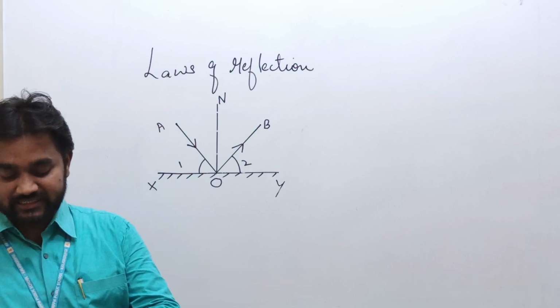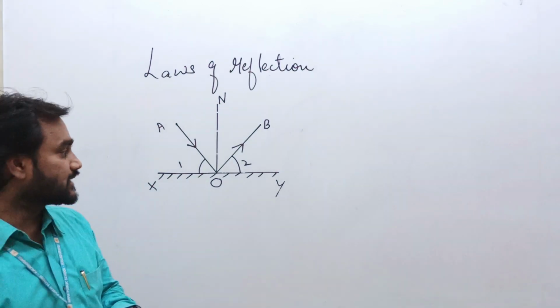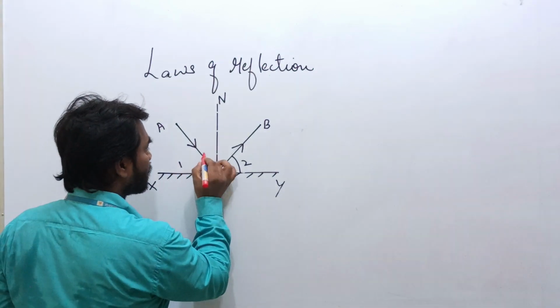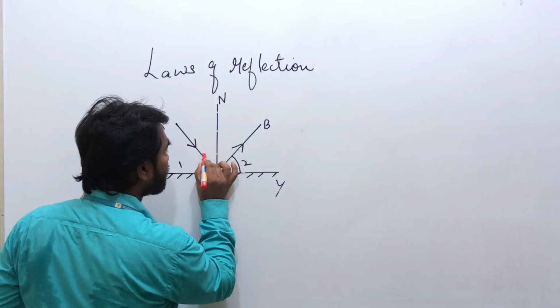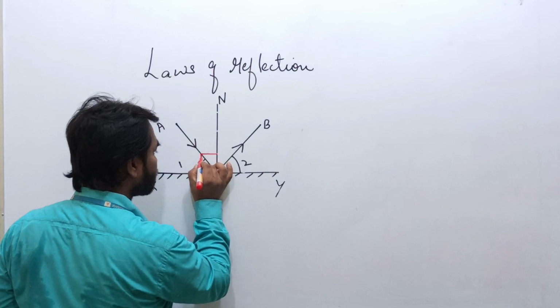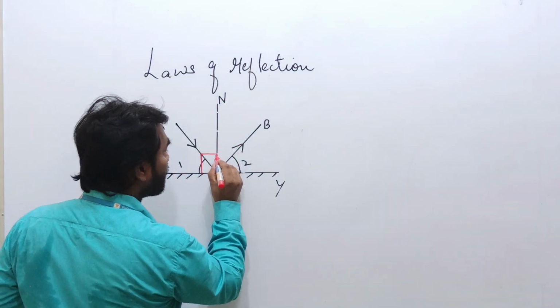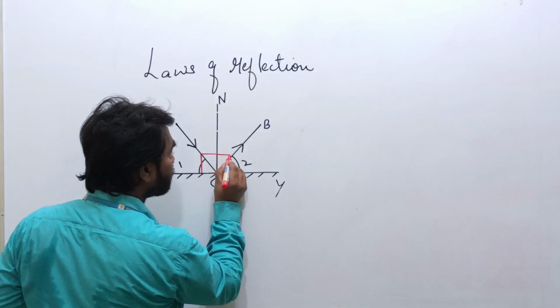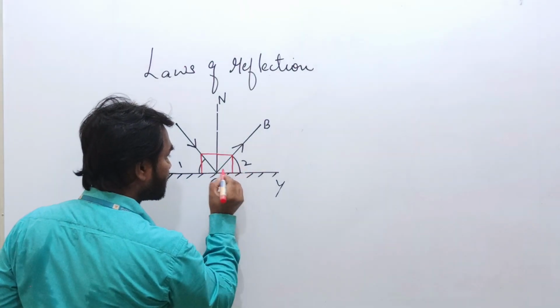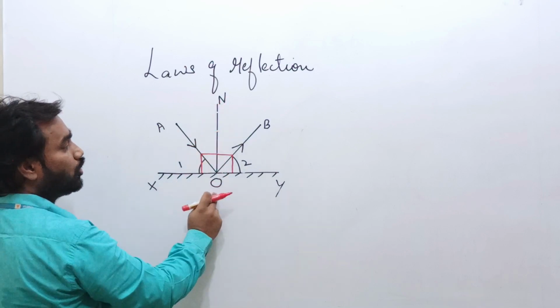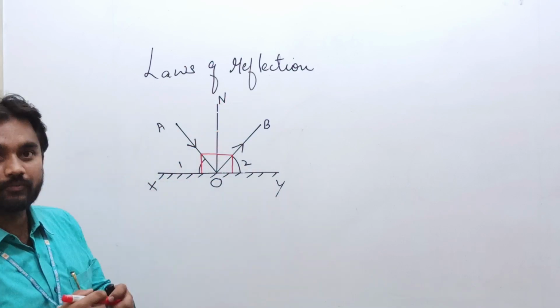This makes 90 degrees, NOX, and also here, this makes 90 degrees, NOY. Is that clear now?